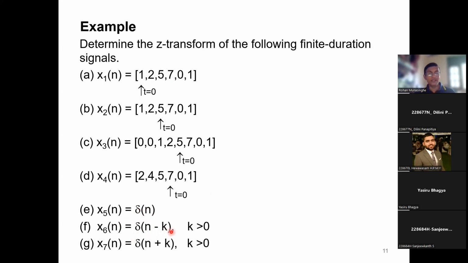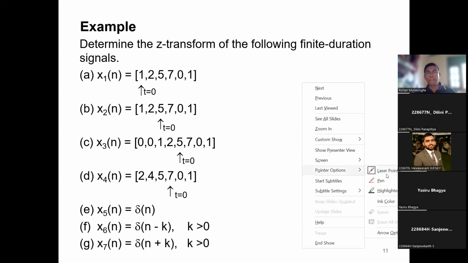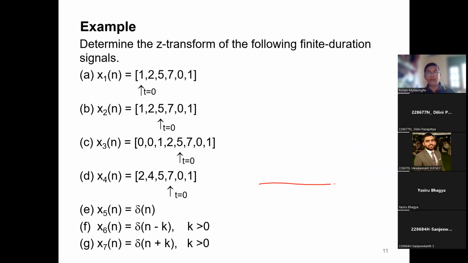This is delta n minus k, delta n plus k. And here you can see this is delta at time 0, so which means if you have the timeline like that, this is time 0, this is 1, so this is delta n.